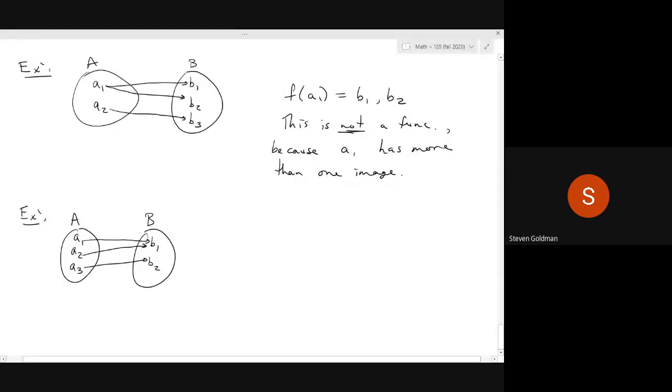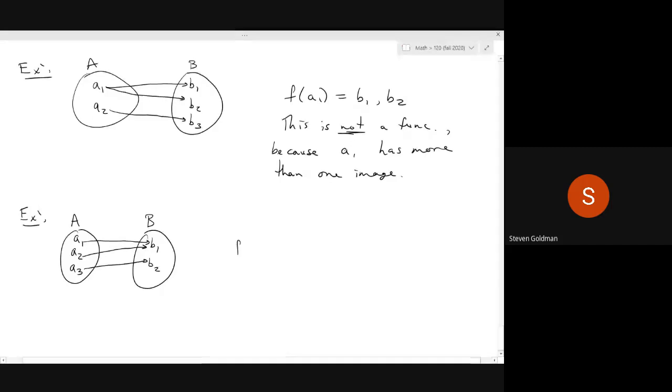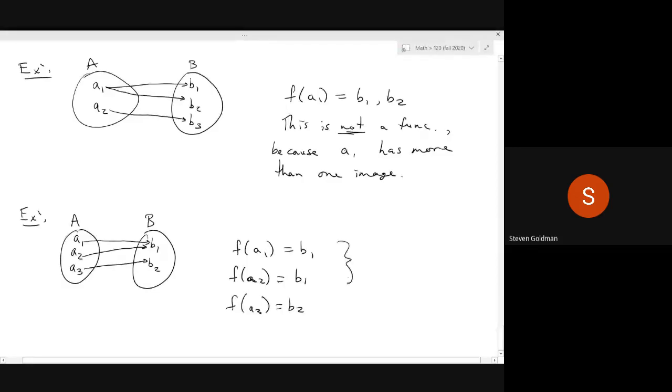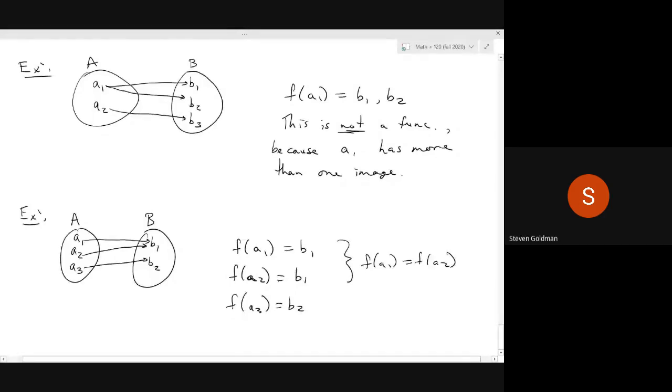B has 2 elements, B1 and B2. So f of A1 equals B1 and f of A2 equals B1. And then f of A3 equals B2. So in this particular example, f of A1 equals f of A2. Is this a function? Here the answer is yes.